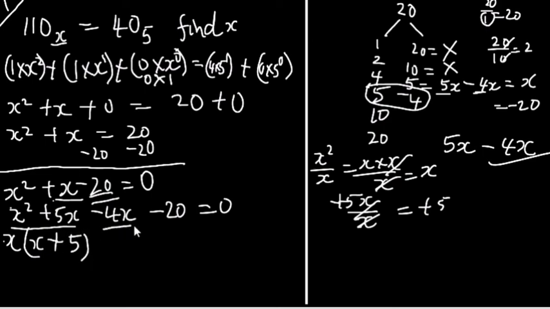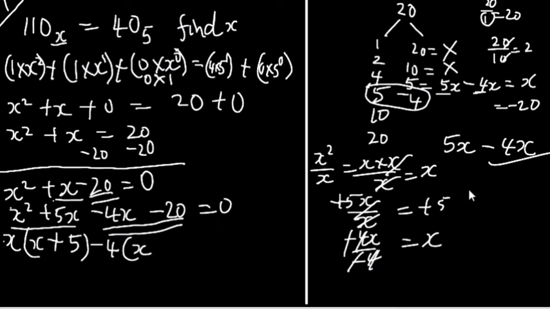Now we are left with these two expressions. Minus 4 is common to the two of them. So we write out minus 4x divided by minus 4. Minus cancels minus, 4 cancels 4. We are left with x. So we write x. Now minus 20 divided by minus 4.